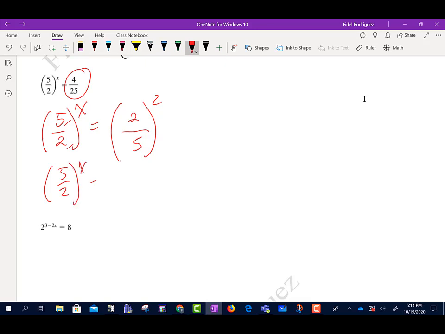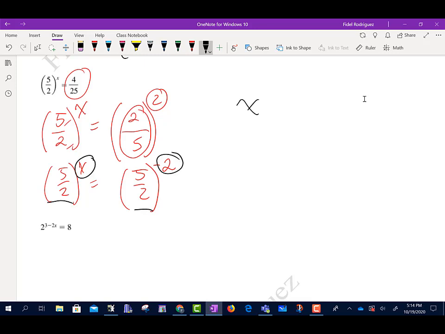But we could make them the same. If I take the reciprocal here, 5 over 2, that means I'm introducing a negative exponent. My negative exponent is negative 1, but because this is being squared, it becomes a negative 2. So now, since my base numbers are the same, my exponents are going to be the same. So in this case, x is equal to negative 2.